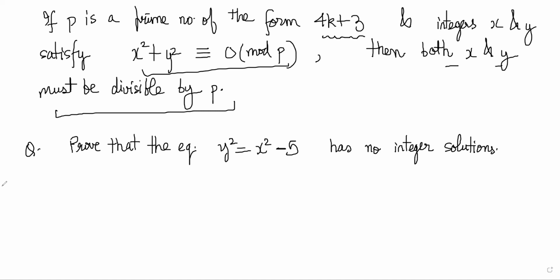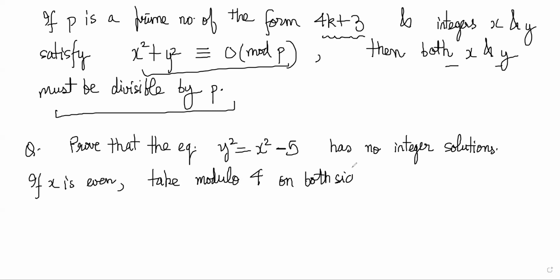So, okay, if x is even, what we can do is take modulo 4 on both sides. So, if x is even, x cube will be 0 mod 4. So, minus 5 is basically minus 1 mod 4.